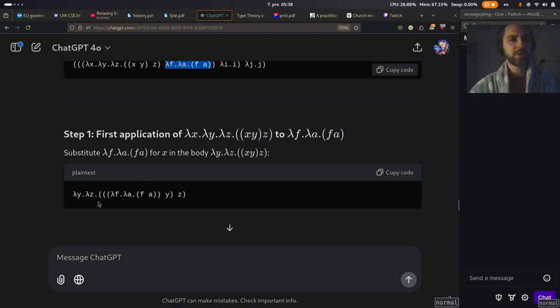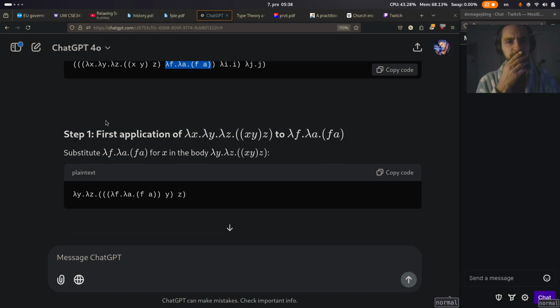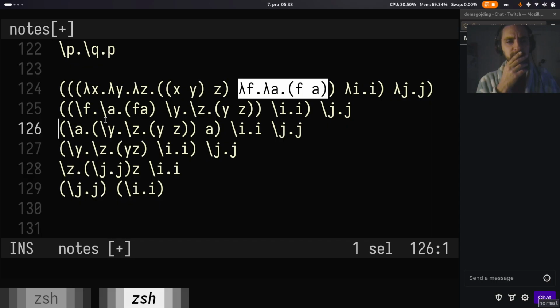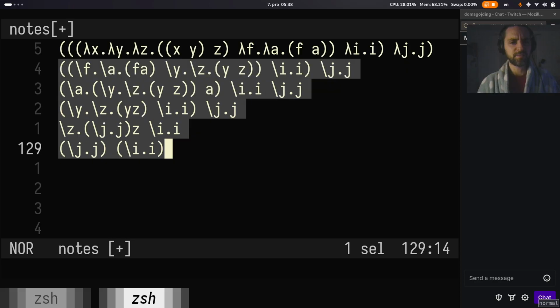And then we get lambda y, right? Oh, I did a whole... This is horrible. Ah, I should have removed the head. What did I do? Completely wrong. Oh. Wow. Fascinating. This was all wrong.